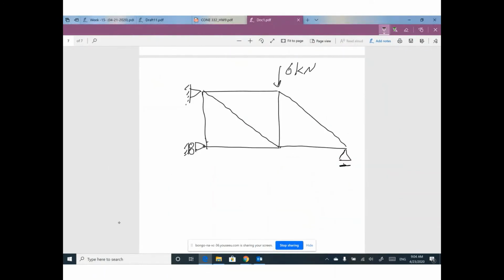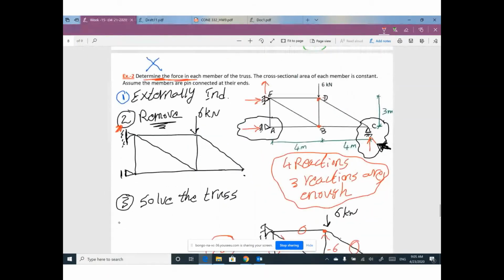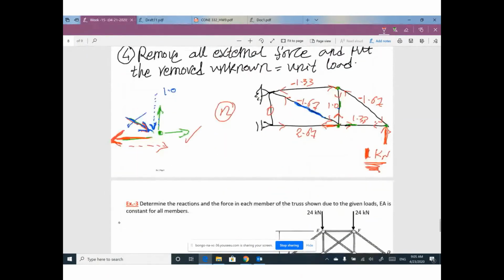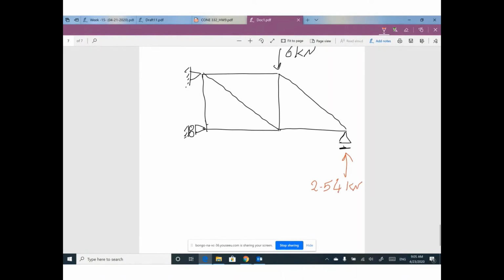What you solved until this moment is only the reaction, 2.54. Positive means you assumed the correct direction. So this reaction is 2.54 kilonewton. Go back and solve for the remaining reactions.